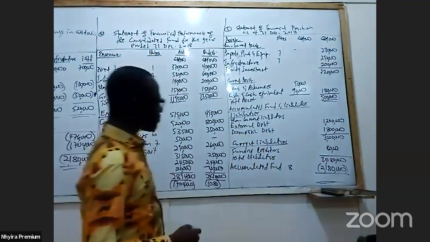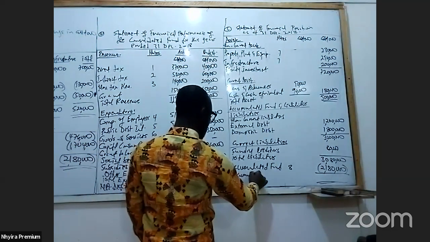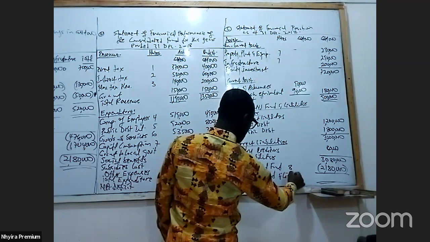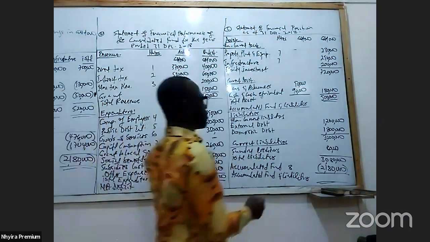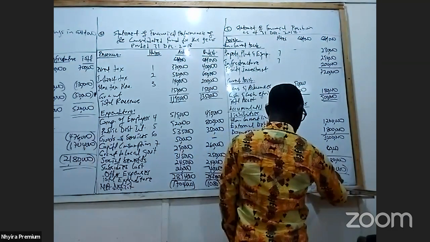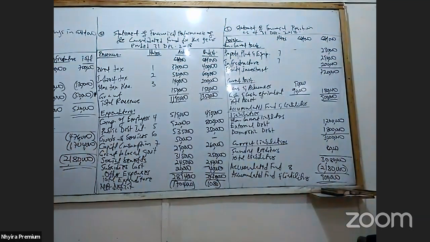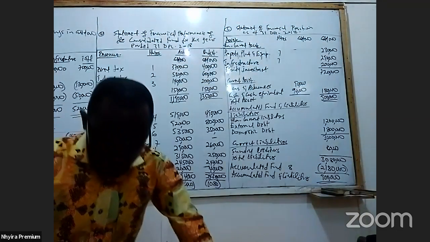So our accumulated fund and liabilities will be equal to 900,000, and it's positive. So our statement of financial position has balanced.